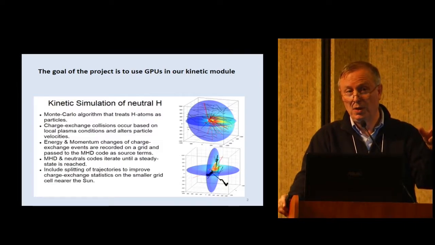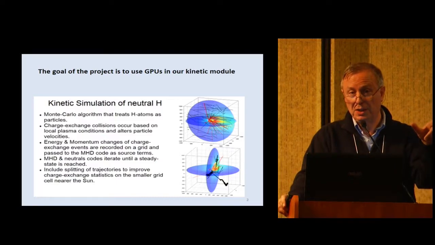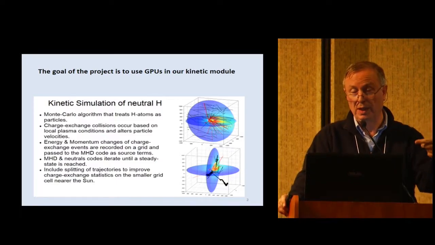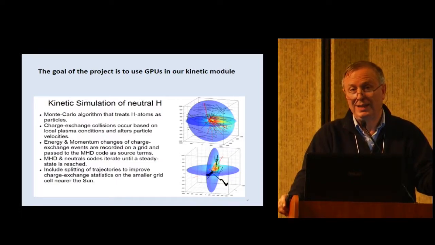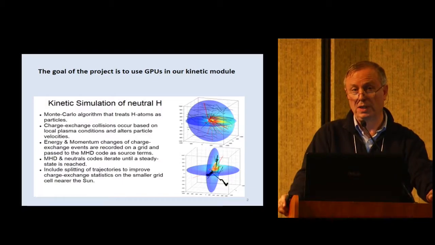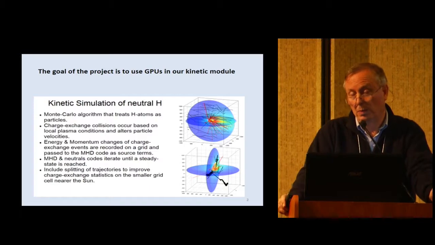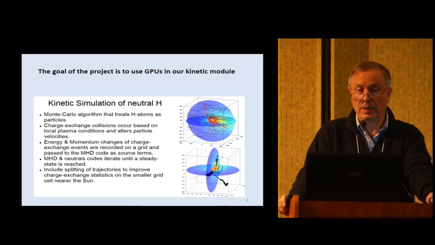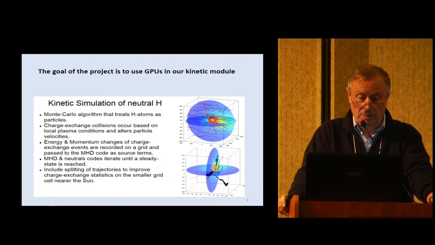The width of the compressed region between the heliopause and the heliospheric termination shock is about 35 astronomical units. So there's no way we can solve this with equations of fluid dynamics, and that's why we are using the Boltzmann equation.